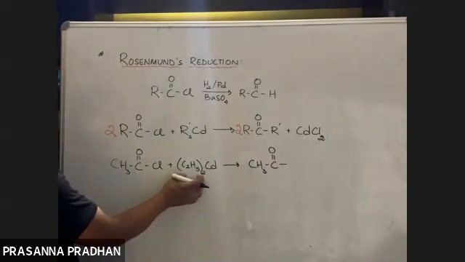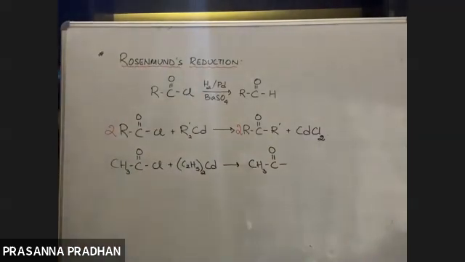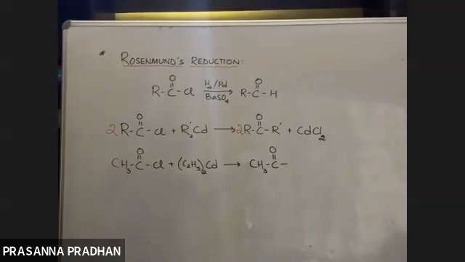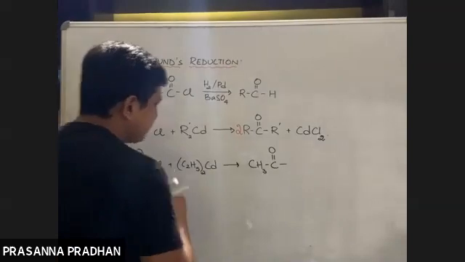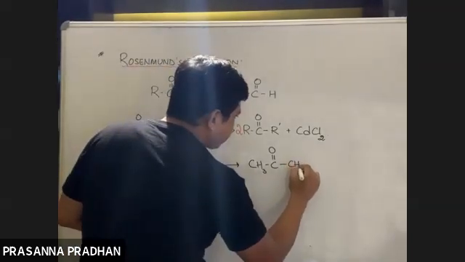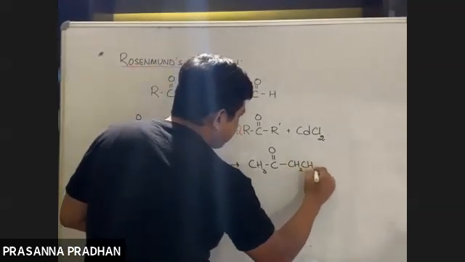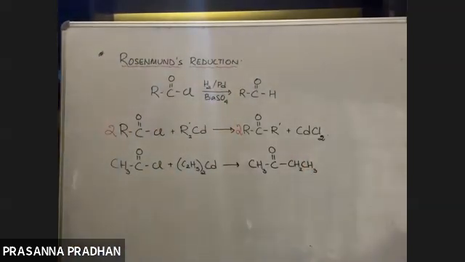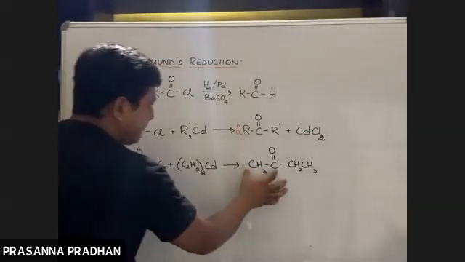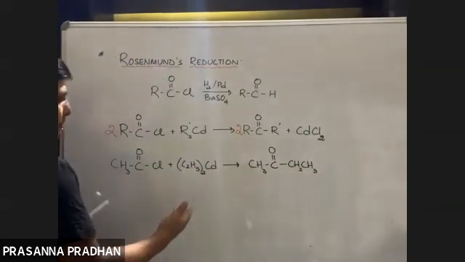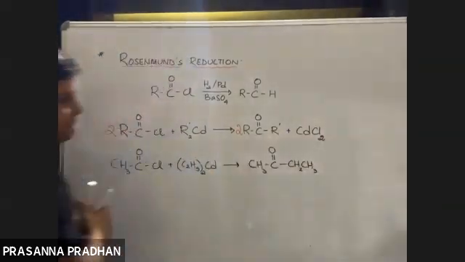The alkyl group is an ethyl group, C2H5, which we can write as CH2CH3. So when acid chlorides are treated with dialkyl cadmium, we get the corresponding ketone in this way. The CH3CO part comes from the acid chloride, whereas one alkyl group comes from the dialkyl cadmium. If I balance it, you'll get CdCl2.